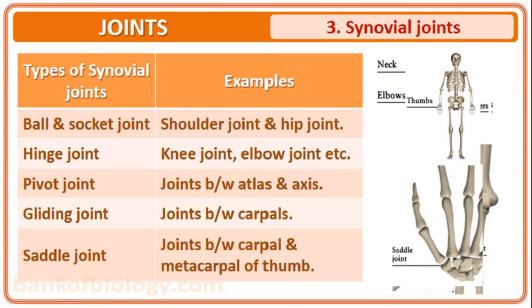Pivot joint is between the atlas and the axis, the first two bones of the vertebrae. Then the gliding joint is present between the carpals of the hand, and the saddle joint is present between the carpals and metacarpals of the thumb.